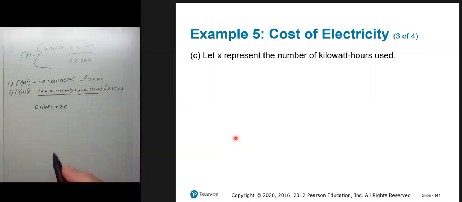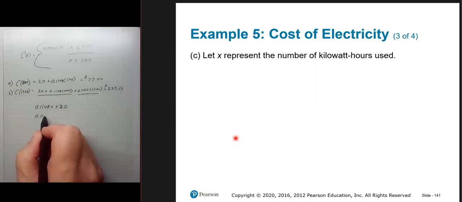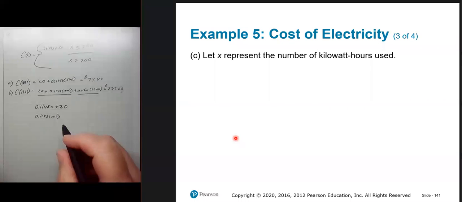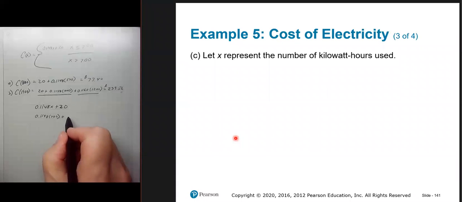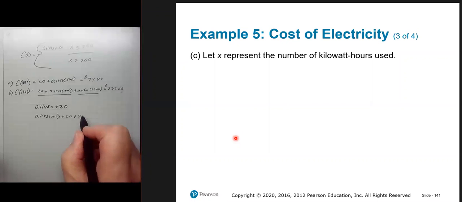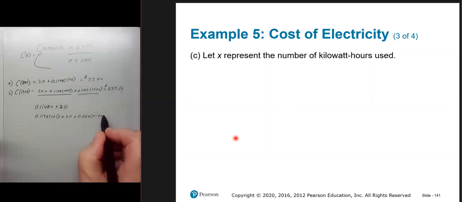Now, once it's above 700, we're going to do 0.1148 times 700, because that's for the first 700, plus 20 plus the new rate, 0.1160, on the number of kilowatt hours over 700.